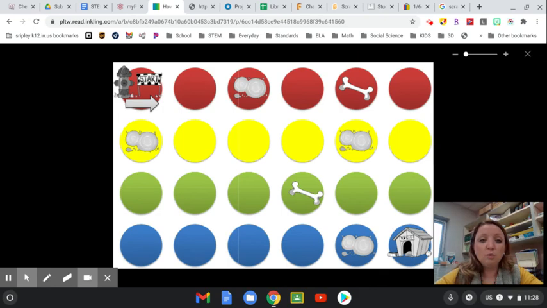We're just going to walk through it, and we're going to see how we can get from the start, pick up both the bones, and end up in Rosie's house. So we're going to go through which way we're going to go in order to pick up both bones, not get muddy or wet in the mud puddles, and end up at the house. Okay, so go ahead and pause the video.